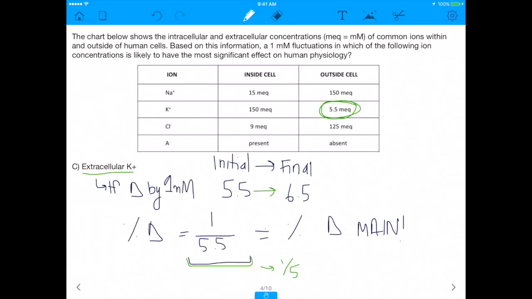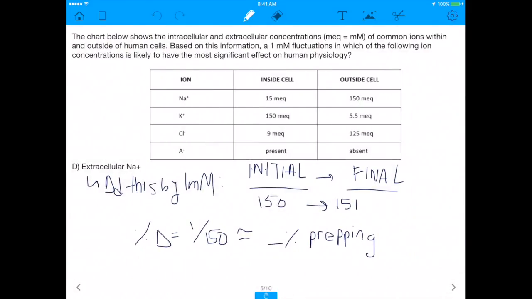In this case, the change is literally 20%. The percent change is 20% because you're adding 1 millimolar, but we only had 5 to start with. So if you change outside by 1 millimolar, you're changing it by close to 20%, which is really, really significant. The extracellular potassium is very sensitive to change. So now let's move on. The next one would be extracellular sodium.